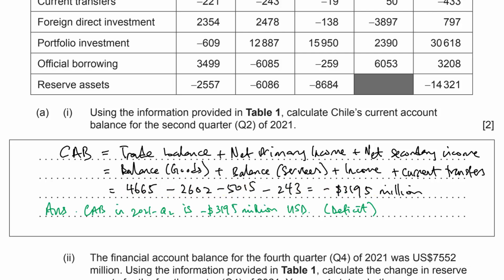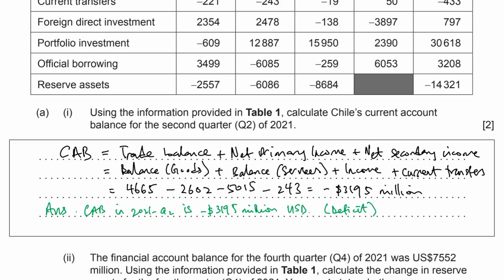To answer the question, I find it's good practice, if you have the space for it, to provide a 1-sentence response. So we were asked to provide the current account balance, so I would say the current account balance in 2021 quarter 2 is minus 3,195 million US dollars, which is a deficit.